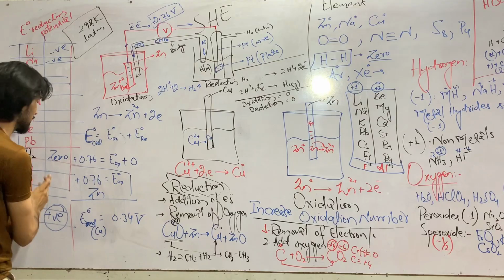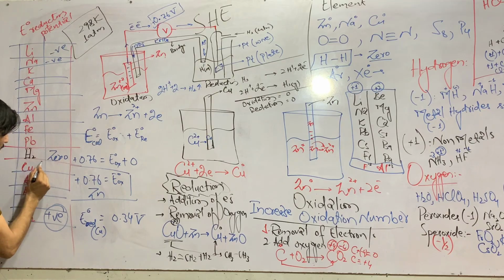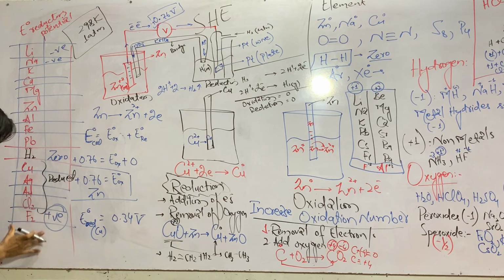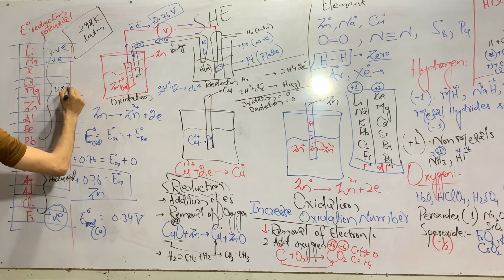So copper I find beneath hydrogen because it is easy to be reduced. These elements could be reduced, and these are easy to be oxidized.